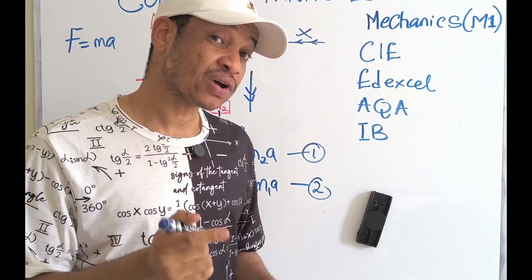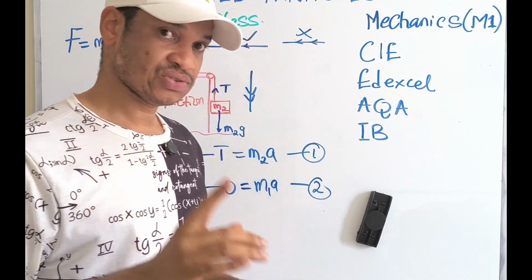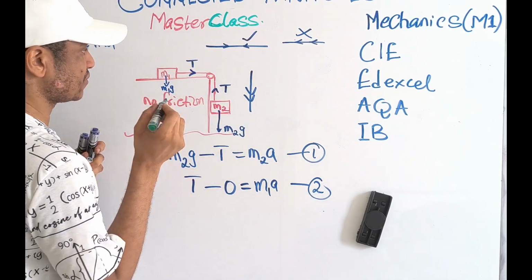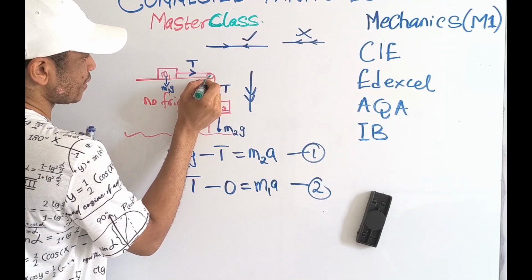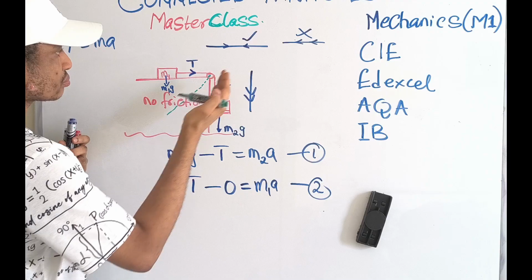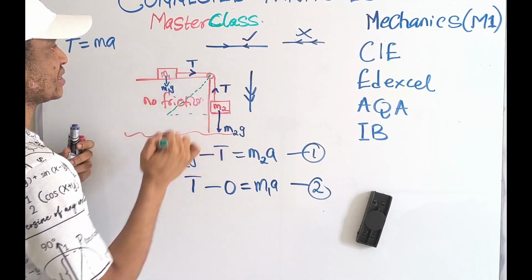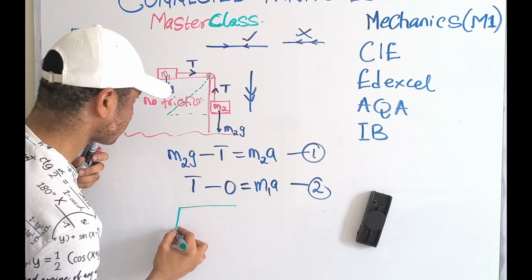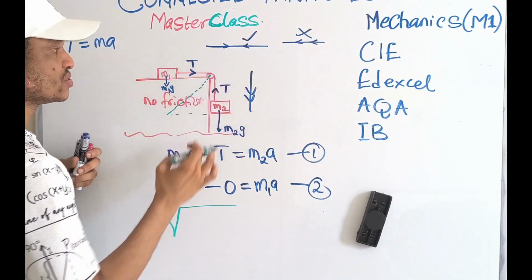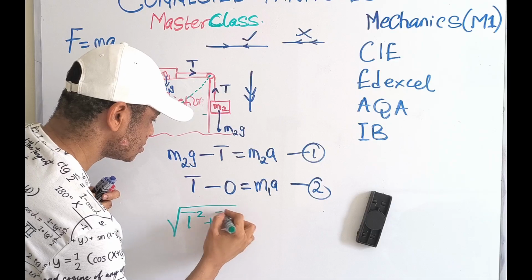Now they might try to trick you. What is the resultant of the strings? So I'm just giving you this for your reference. So the resultant will always come from here. So you can see it, we're using Pythagoras' theorem, this and this. So the square root of T squared plus T squared.